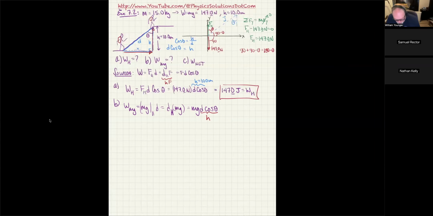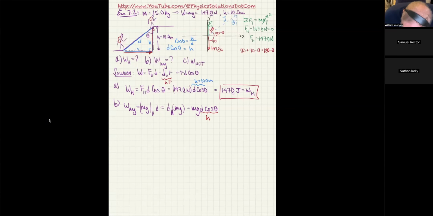In this case, though, we're seeing that the mg is actually pointing in the opposite direction. So you'll have to basically say instead of cosine of theta, it's going to be the cosine of 180 minus theta.